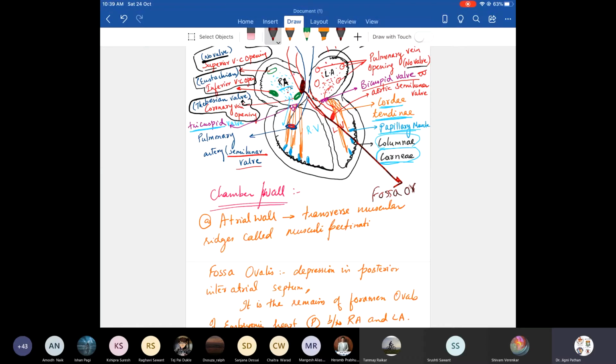Please add this to your diagram. Can you see the slides?